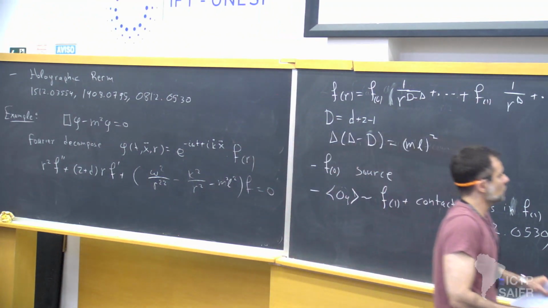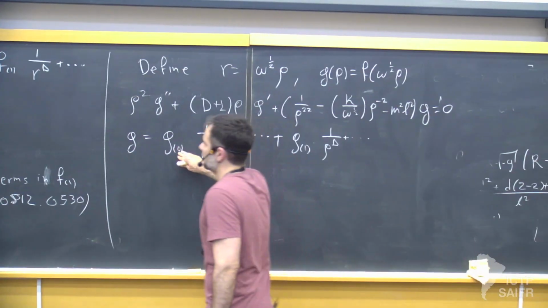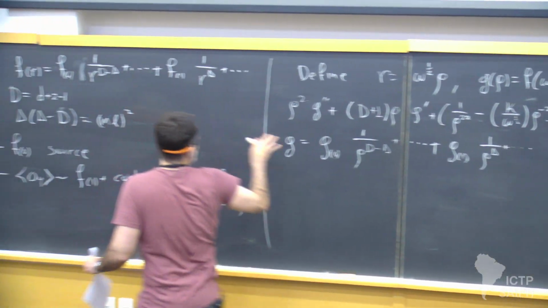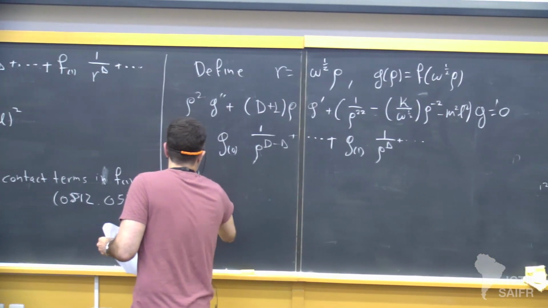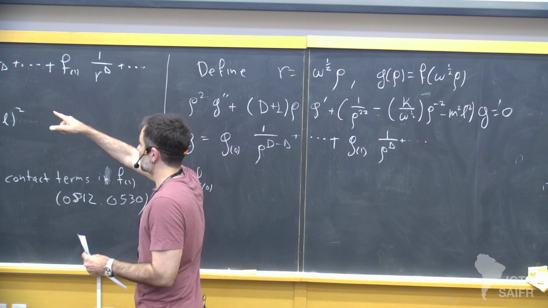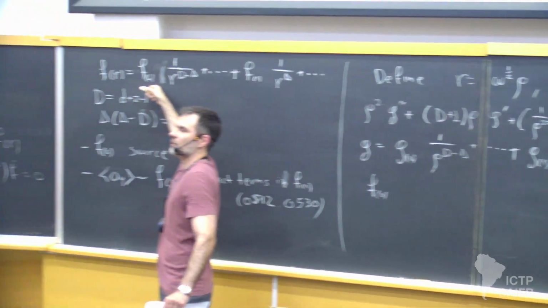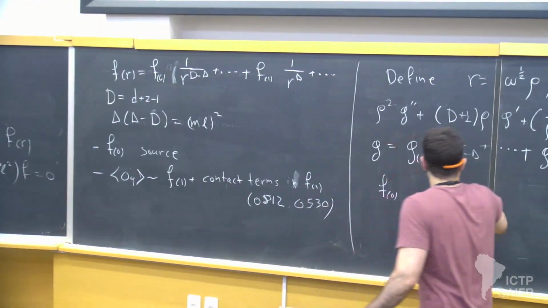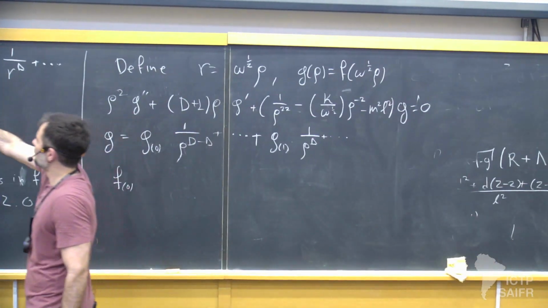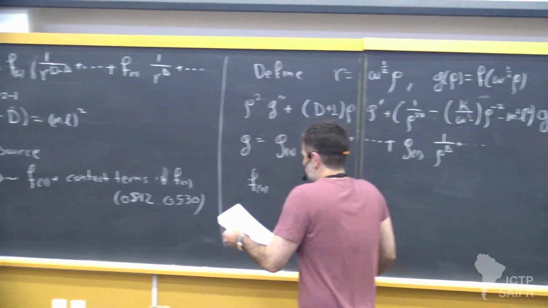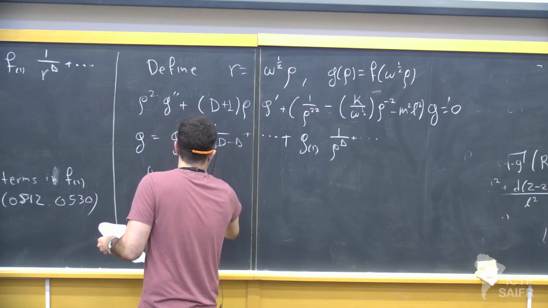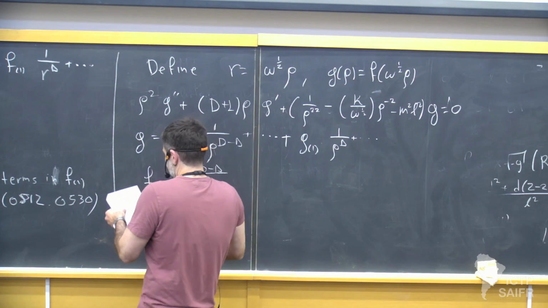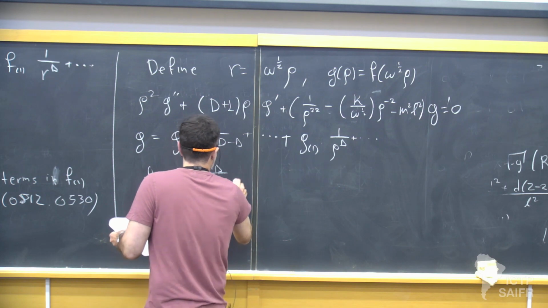If I compare the two expansions, I can compare the two sets of constants of integration. f naught, the constant of integration, is what I'm fixing from the boundary theory point of view. That constant of integration would be omega to the power d minus delta over 2 times g naught.